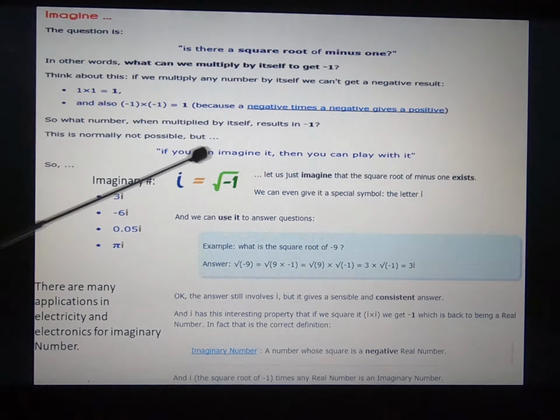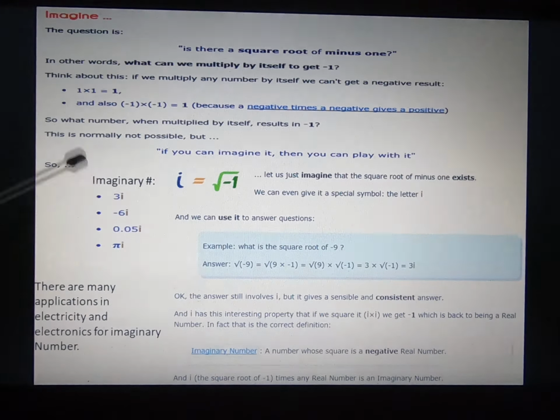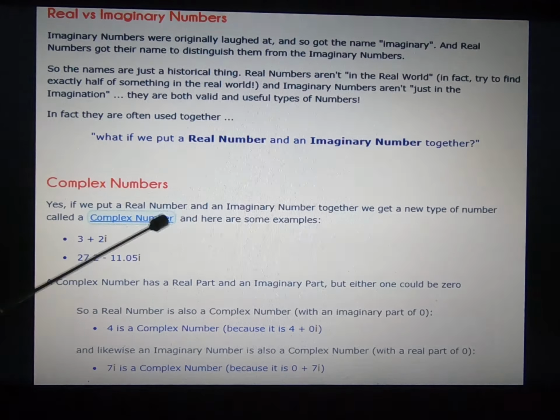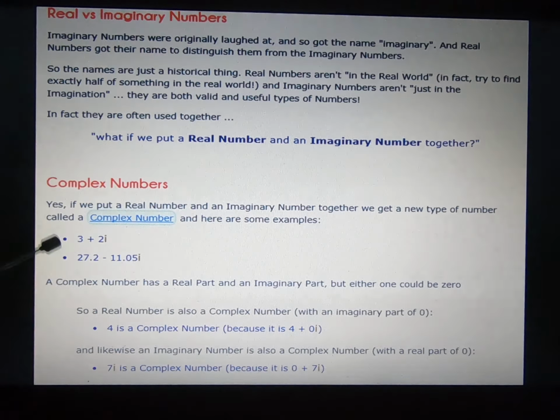So you can imagine this number exists, and that becomes an imaginary number. A complex number is just a real number and an imaginary number put together, like 3 plus 2i. That becomes a complex number.